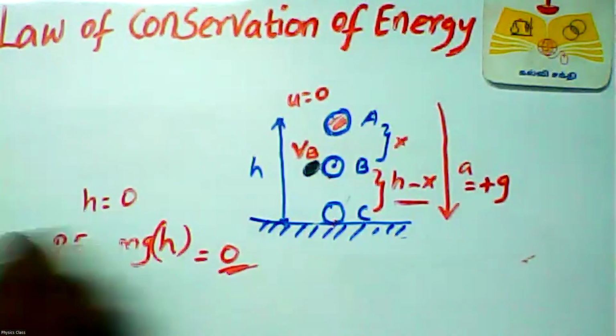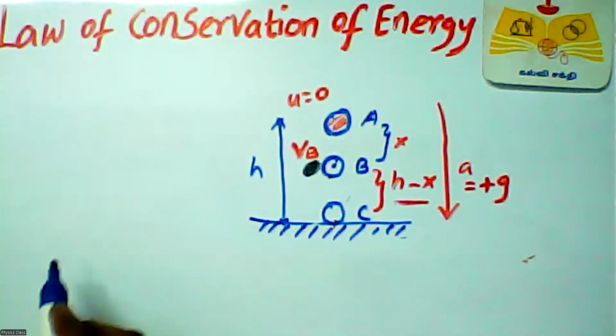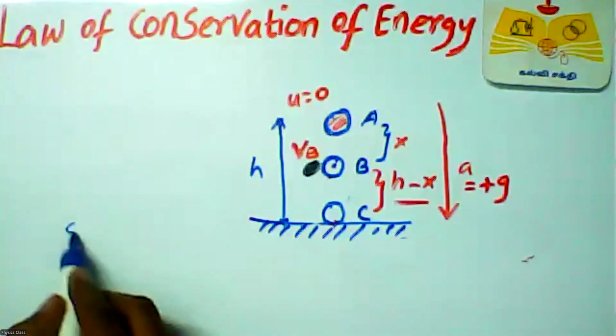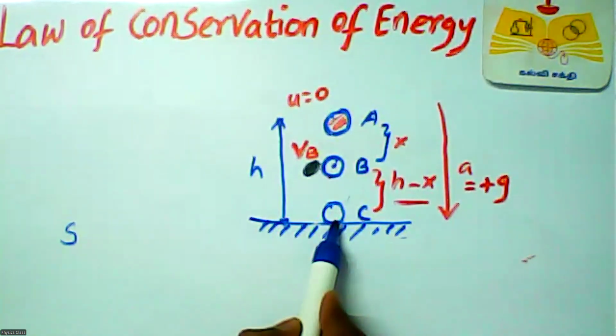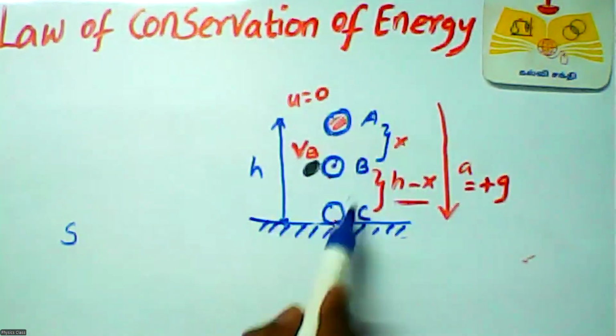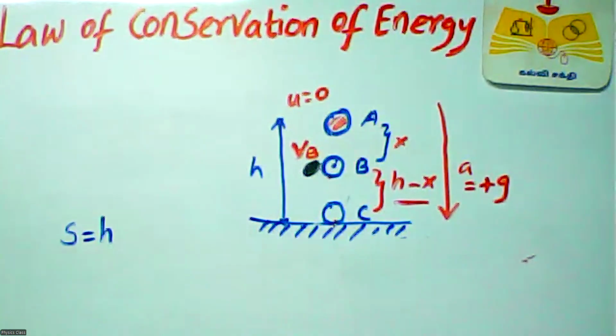So now we have to find the velocity, and after that, we have to find the kinetic energy. So at C, what are the quantities there? Displacement, which means the object travels from here to here. So the object is displaced a distance x.